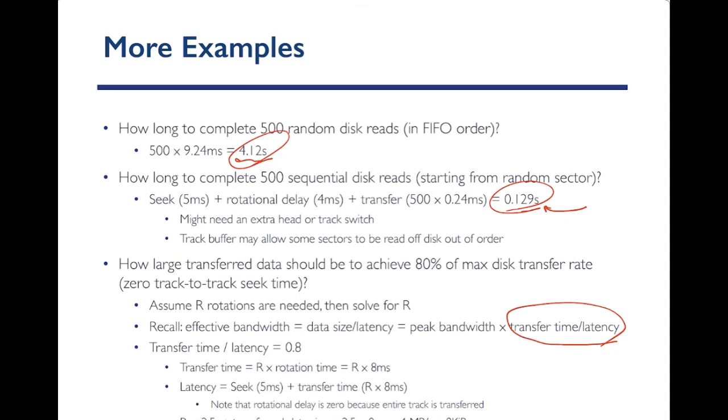Now, we're not interested in a particular sector. We want to send the entire track. So when any of the sectors come under the head, we can start transferring. So we don't pay any rotation time. Now, the last piece is the transfer time. Because we want to transfer the entire track, the transfer time is the rotation time.